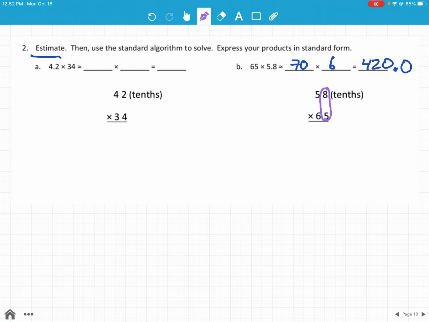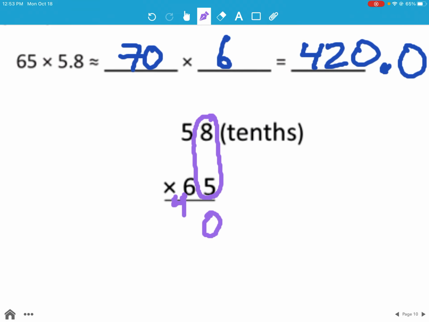I'm going to do 8 times 5 is 40. Sorry, I was getting ahead of myself. Let me even get closer here. So now I have 40. Everyone sees the 40, I hope.